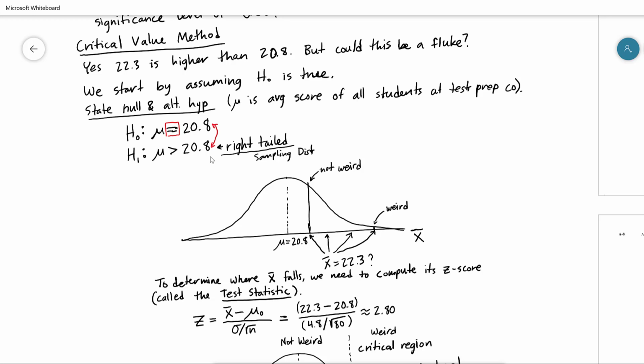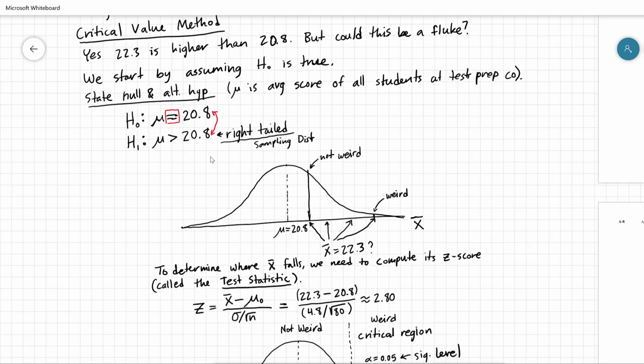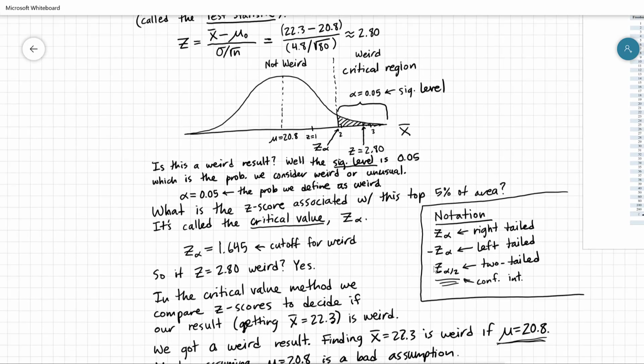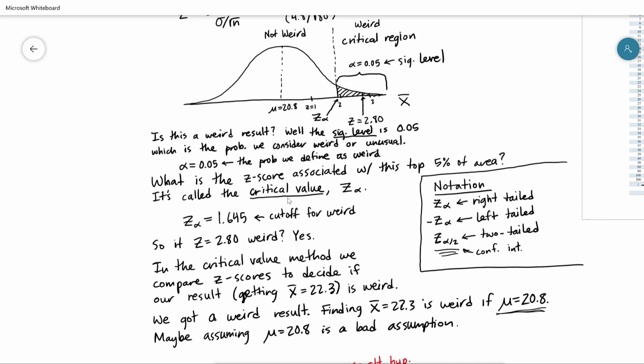That's the gist of the entire problem. The question is, how do we decide if our result is weird or not? We just did the critical value method, where we compare these two z-scores, the z-score that cuts off the region we're going to consider weird versus the z-score of the actual evidence that we got. And we compare those to see if it's weird.